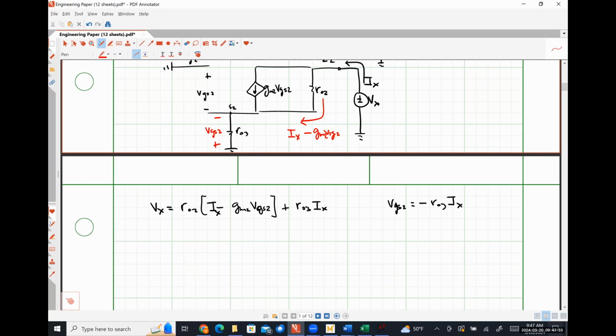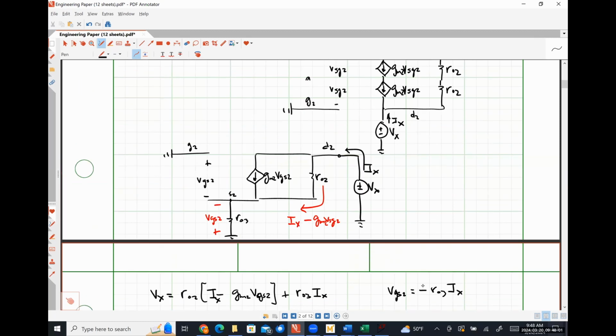So substituting that in, I get R02 times IX plus IX times GM2 R03 plus R03 times IX, and the output resistance, and I'm just going to call this R up.